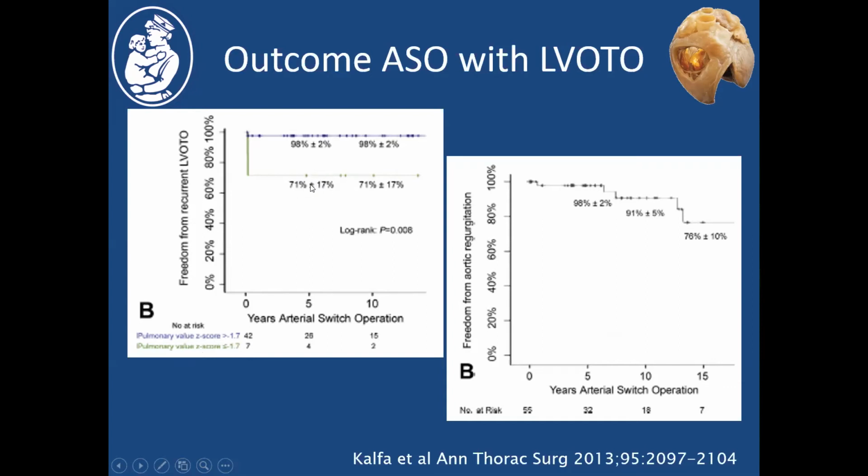So about almost a third of these patients underwent either reintervention or had significant left ventricular outflow tract obstruction. And freedom from aortic regurgitation looks pretty similar to what we saw in the other series, with about 85-90% freedom from significant aortic regurgitation at 10 years.